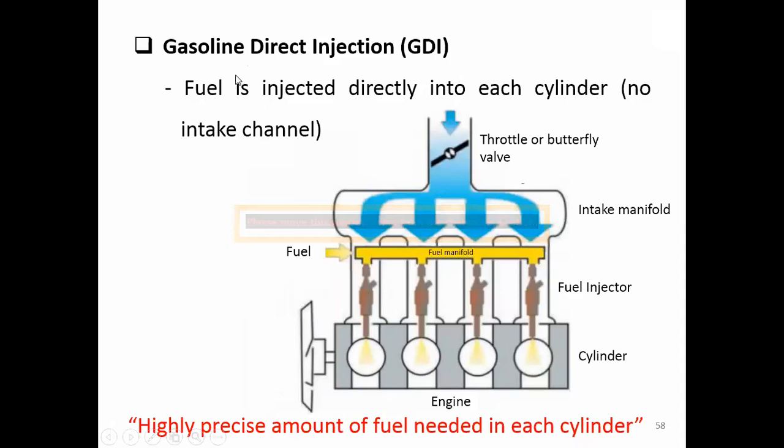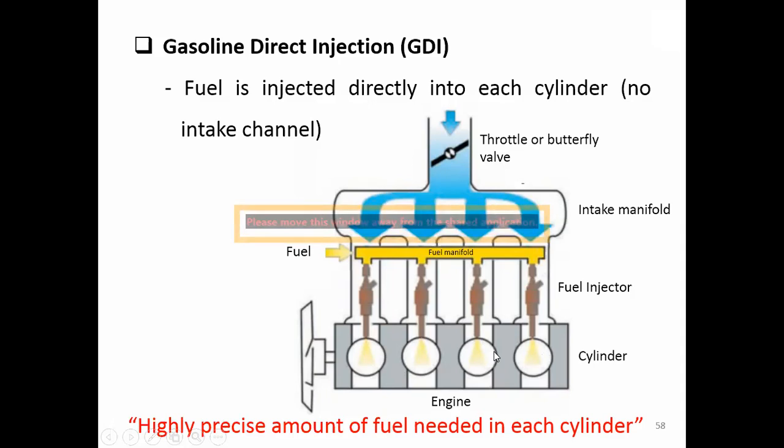Then we come to the present one, the gasoline direct injection, the GDI, in which now they believe the material they make is strong enough, super strong. So now they put the injector within the cylinder. By putting the injector within the cylinder, they can have a highly precise amount of the fuel needed in each cylinder.